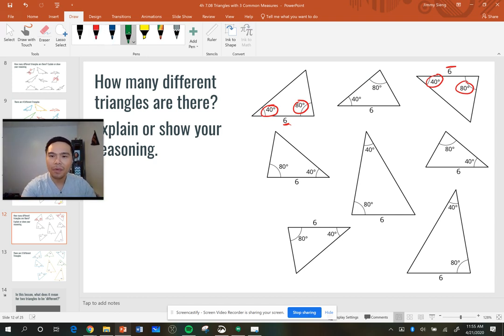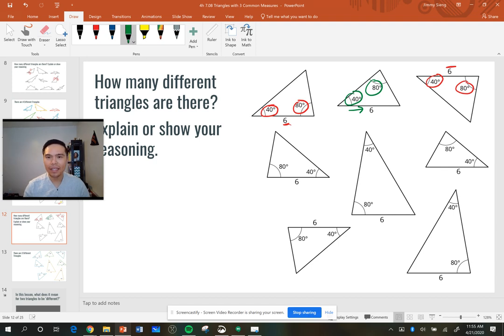Now looking at this next one, well, I have here an angle, in between there's nothing, but to the right side of the 40 degrees is a 6. Again, that's to the right side of the 40 degrees, right? So is there anything that's similar to that? Okay, ask yourself that.